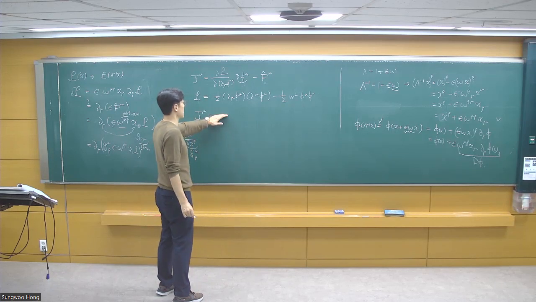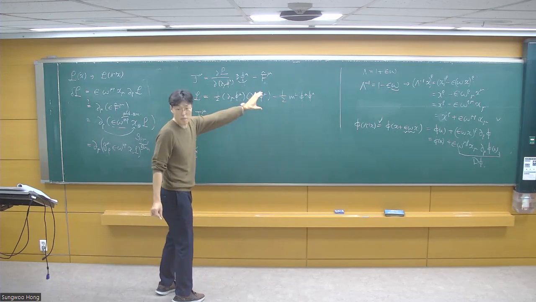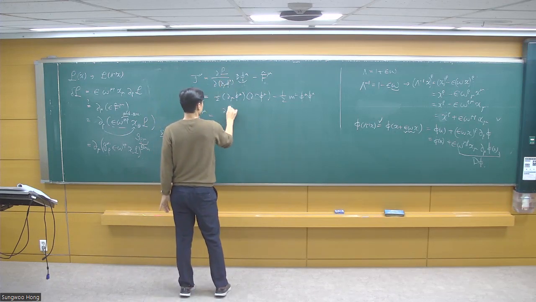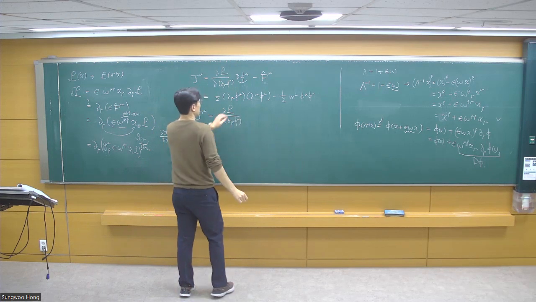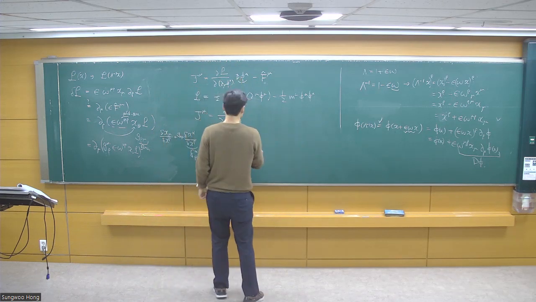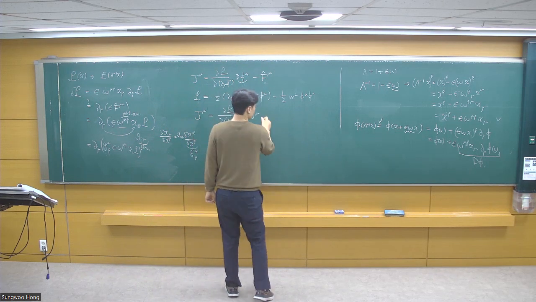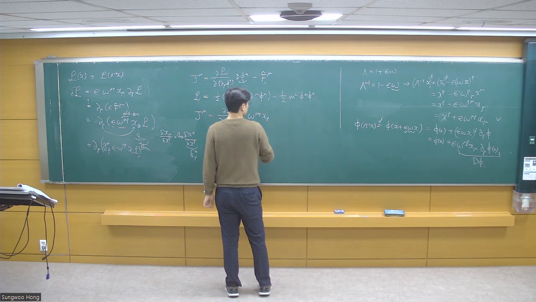Let me first write the general expression without worrying about which exact theory I'm analyzing, because I can just write it out if I don't write this explicitly. So let me just keep it as this. And then I show you what this is. So that is equal to omega nu rho x mu.